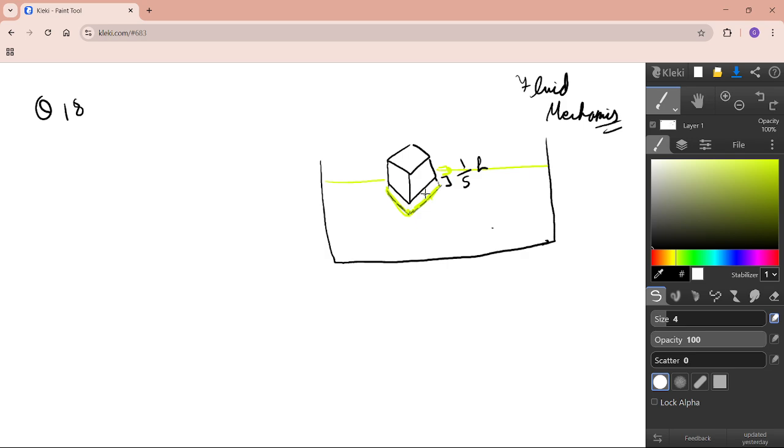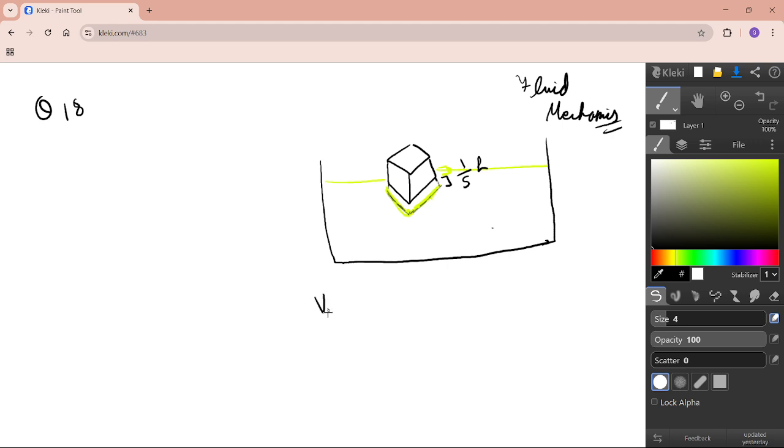So yeah, let's start. One-fifth of the height means the volume is also one-fifth, since volume is height times area. And it's in equilibrium.